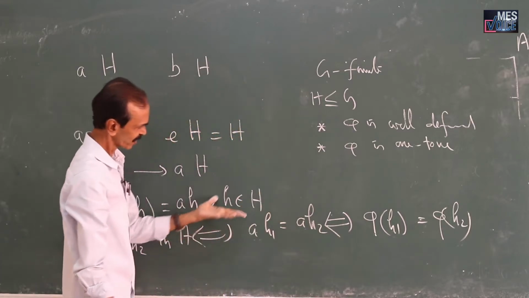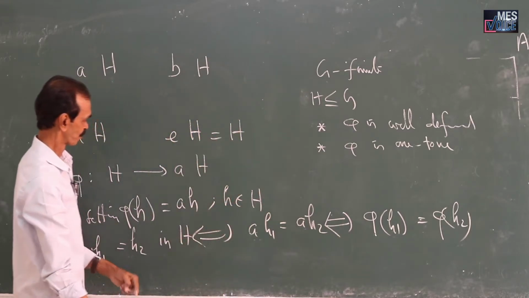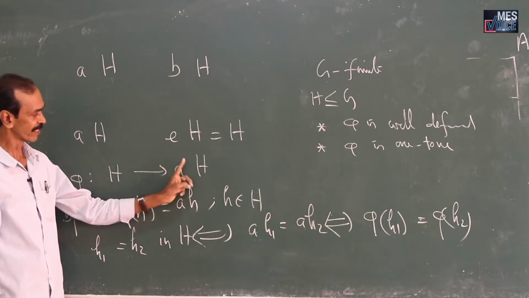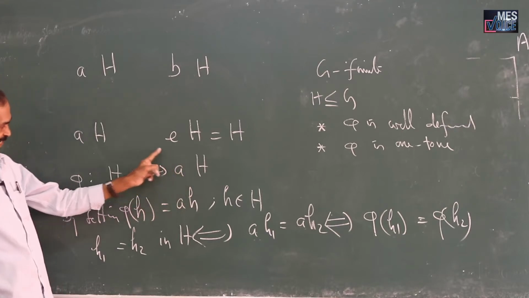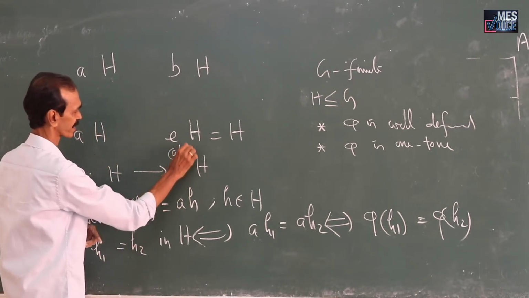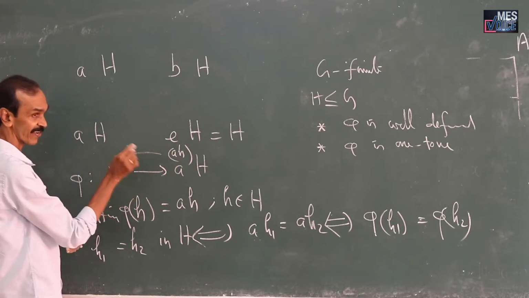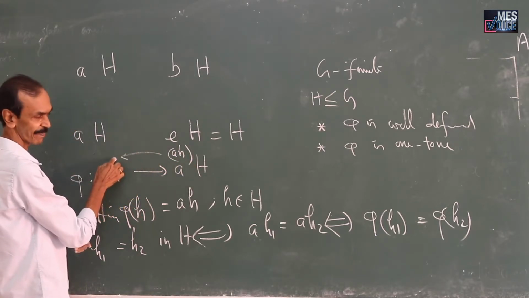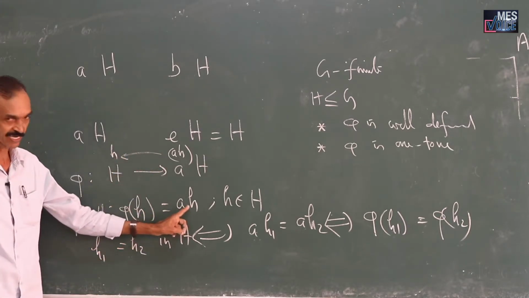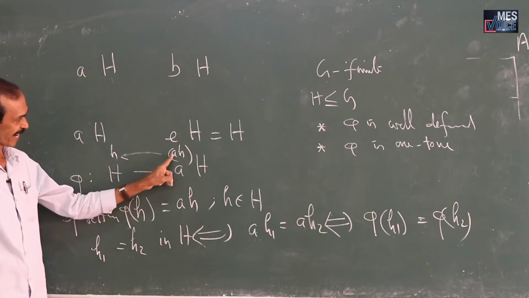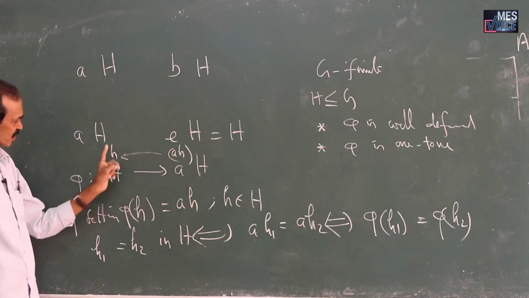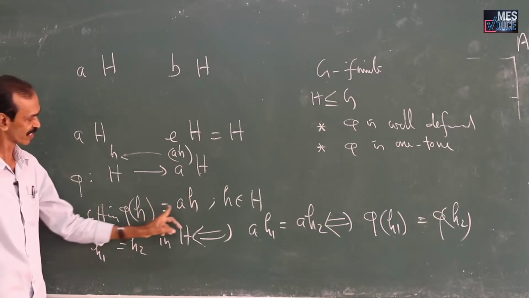Finally, we can show that this phi is onto also, that is, corresponding to every point in the codomain, I can find an inverse image. Suppose ah is a typical element here, and I can find a typical pre-image, and that is nothing but h itself, as is clear from the definition, because h is a member of the coset AH. h is its inverse image because phi of h is equal to ah.